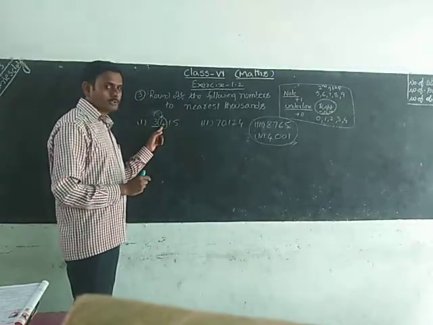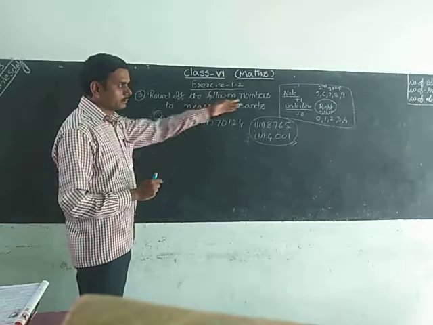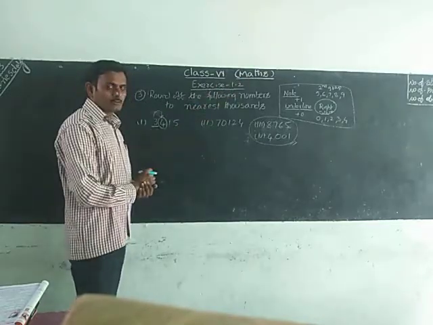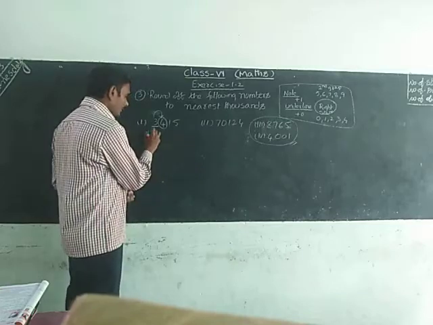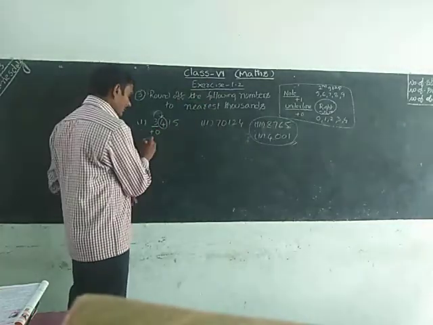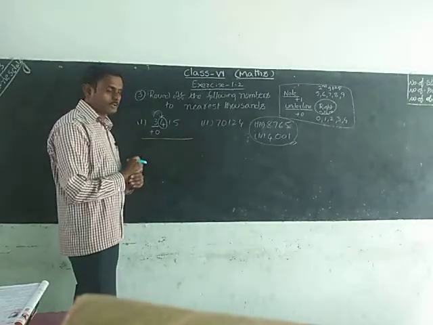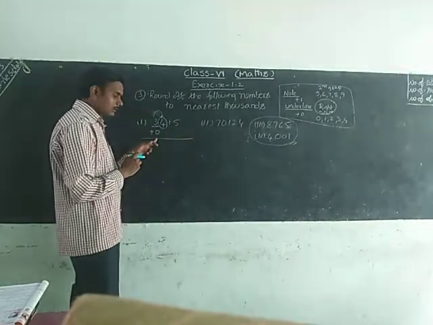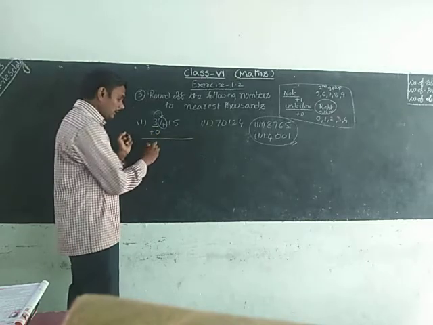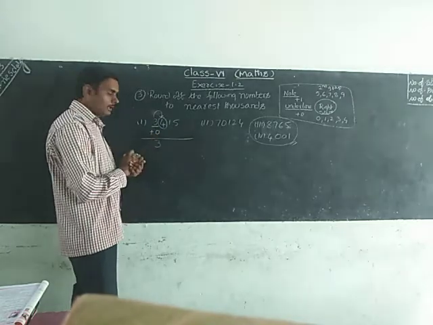In the circle, which number is there? 4. Is 4 related to the first group or the second group? First group. So first group means add 1 or 0? 0. Either 1 or 0 only, every time. After writing 0, do the addition: 3 plus 0 is 3. Is any number on the left side?